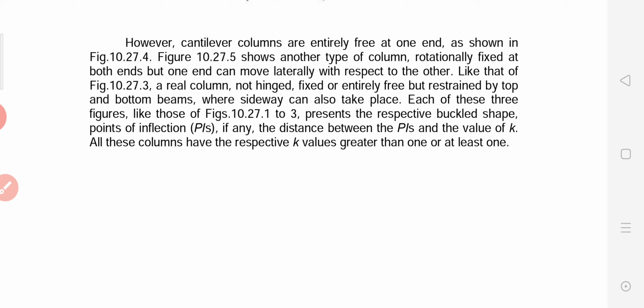Each of these three figures presents the respective buckled shape, point of inflection if any, distance between the point of inflection, and the value of K. All these columns have respective K values greater than 1, or at least 1.